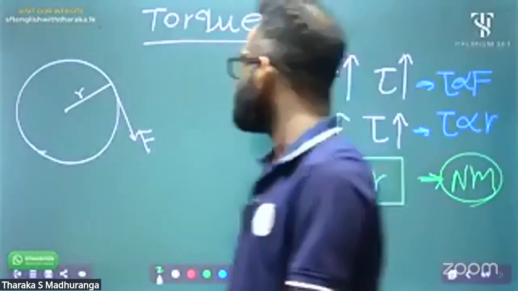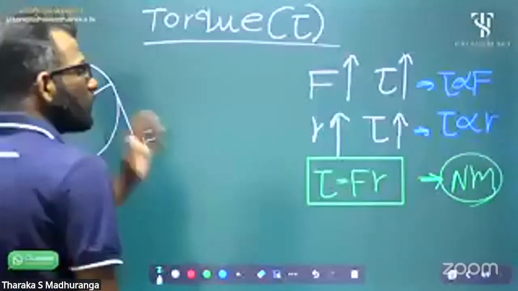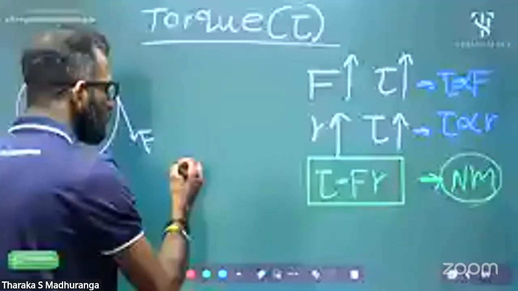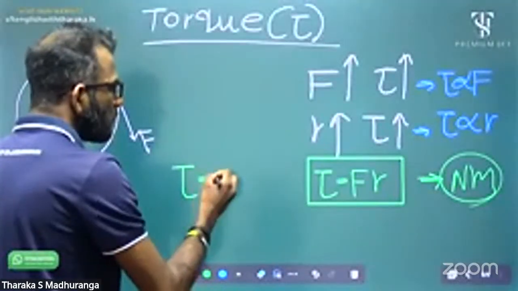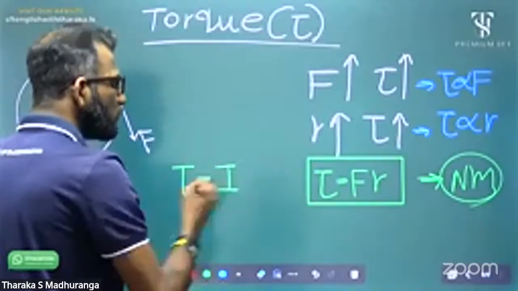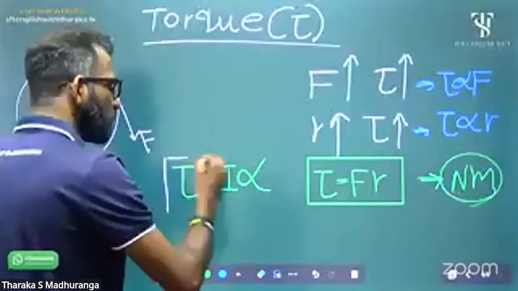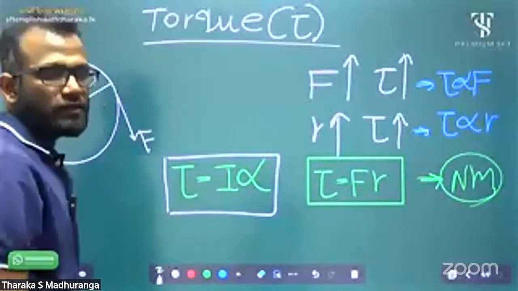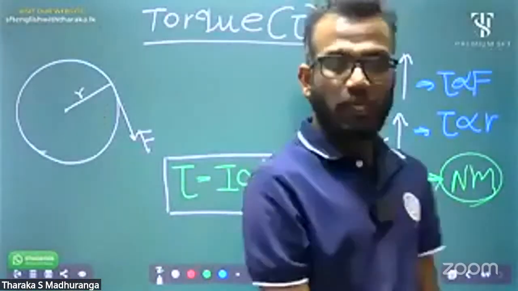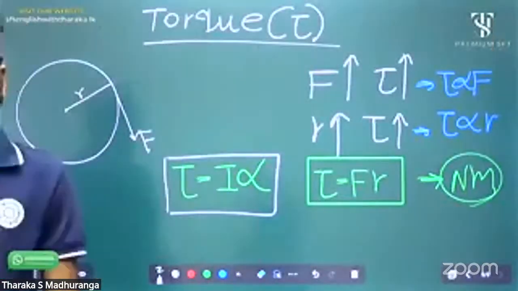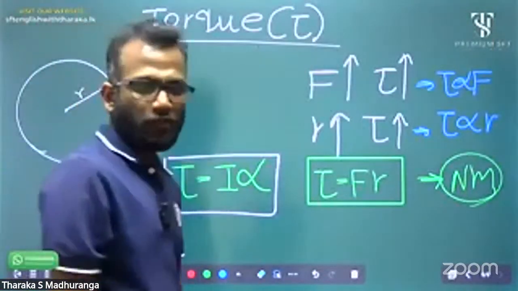According to moment of inertia, we can get another equation for torque. The torque equals I alpha, moment of inertia multiplied by angular acceleration. Now we have two equations for torque: torque equals I alpha and torque equals F R.